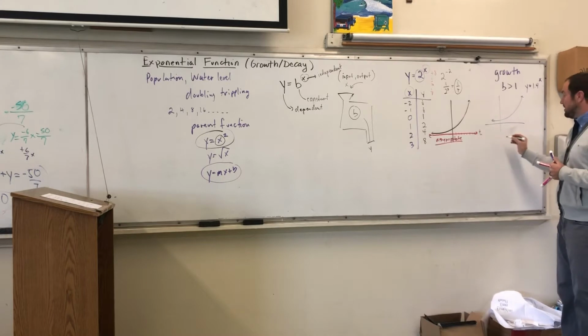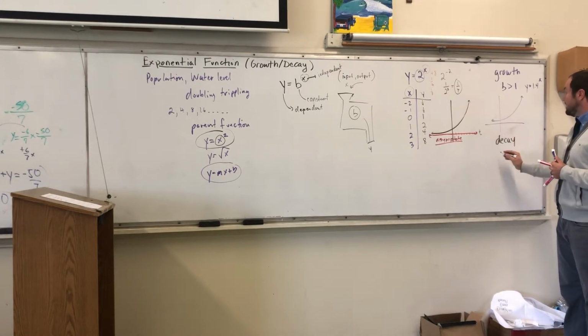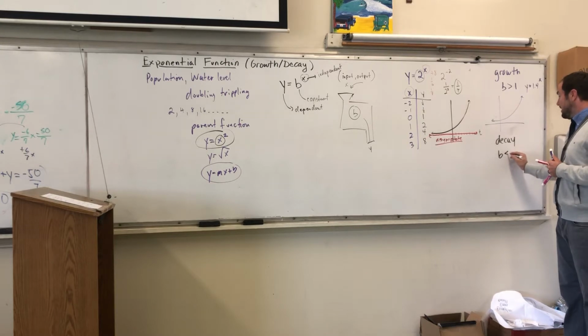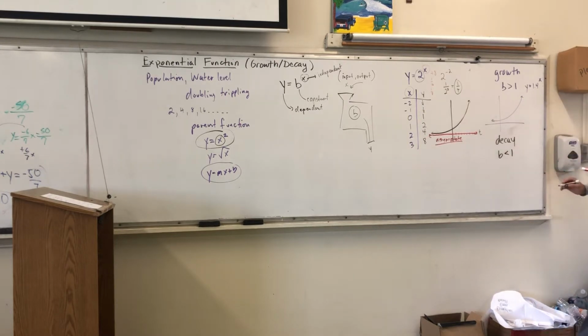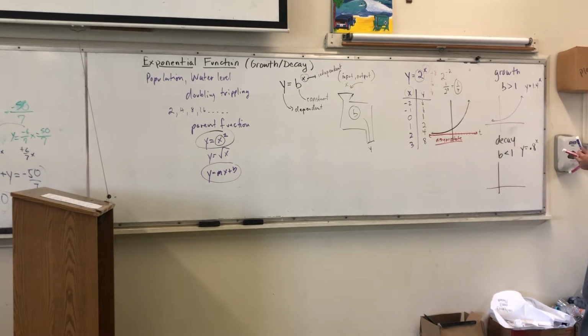When you start to talk about decay, that's when you're taking your base and having it be a number less than 1. For instance, basically, I'm taking 80% of something, so I'm losing like 20% each year. This is an instance where you see decay.